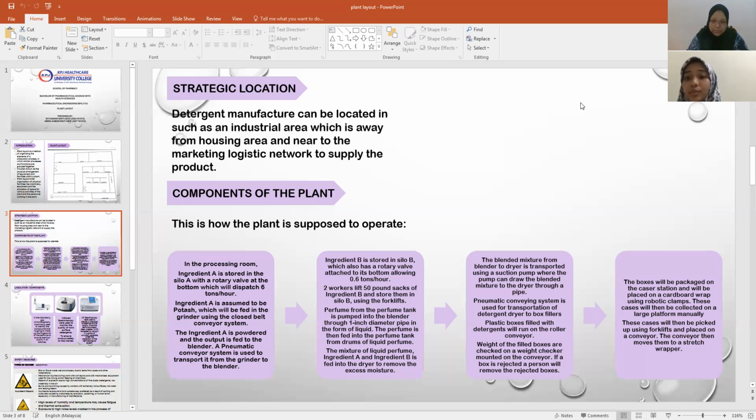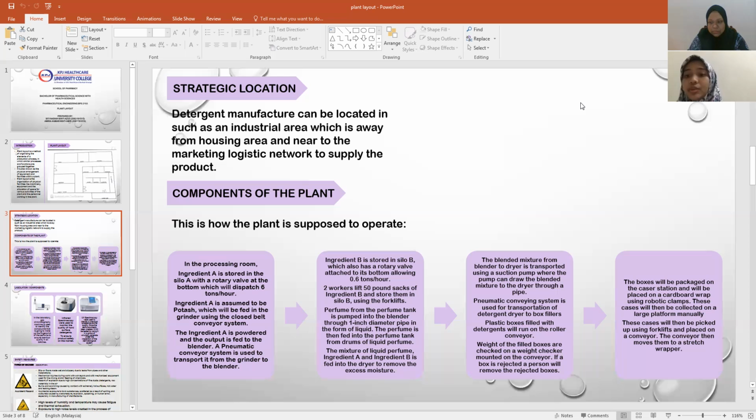The plastic boxes filled with detergents will run on the roller conveyor, and then the weight of the filled boxes is checked on a weight checker mounted on the conveyor. If a box is rejected, a person will remove the rejected boxes.